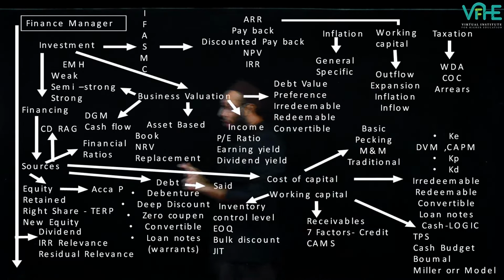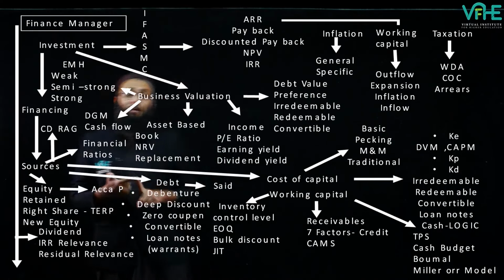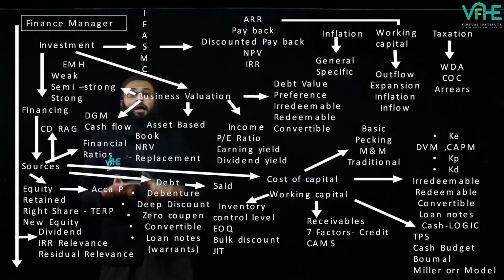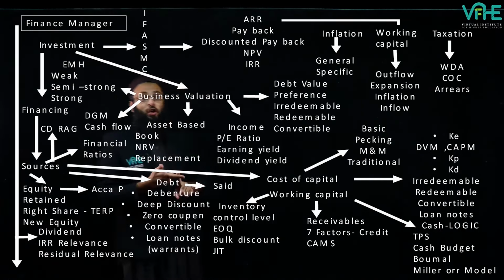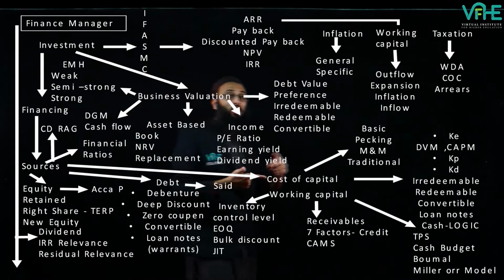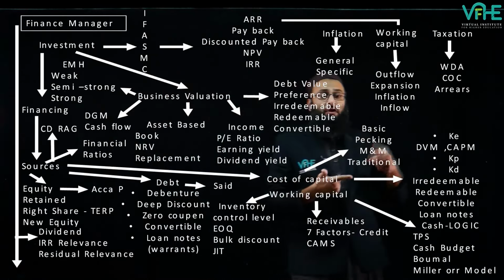Your cost of ordering will be your transaction cost in cash, and your holding cost will be the holding cost of cash.